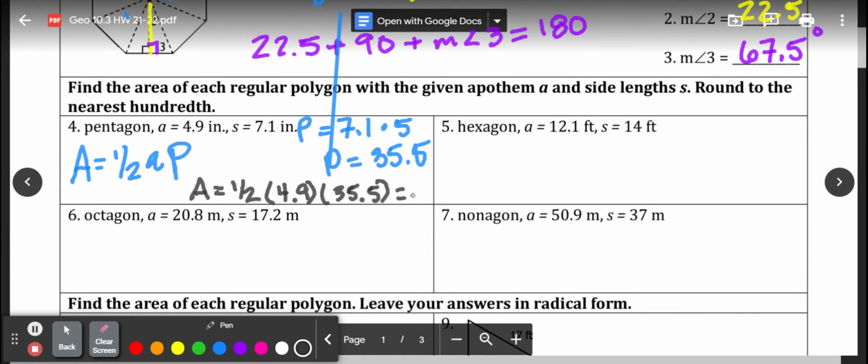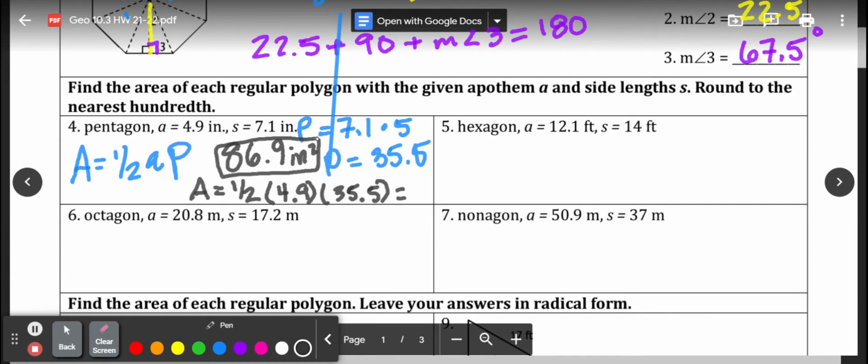On my calculator, 35.5 times 4.9, divided by 2, we get 86.975, so we'll call it 86.9, and that's in square inches.